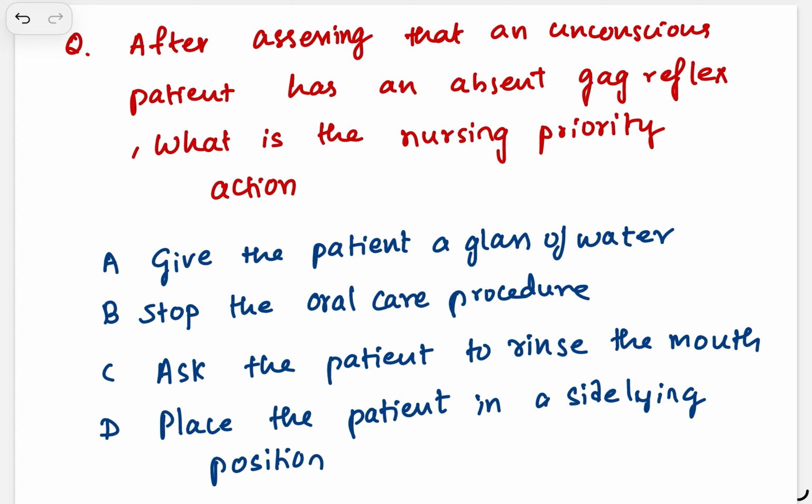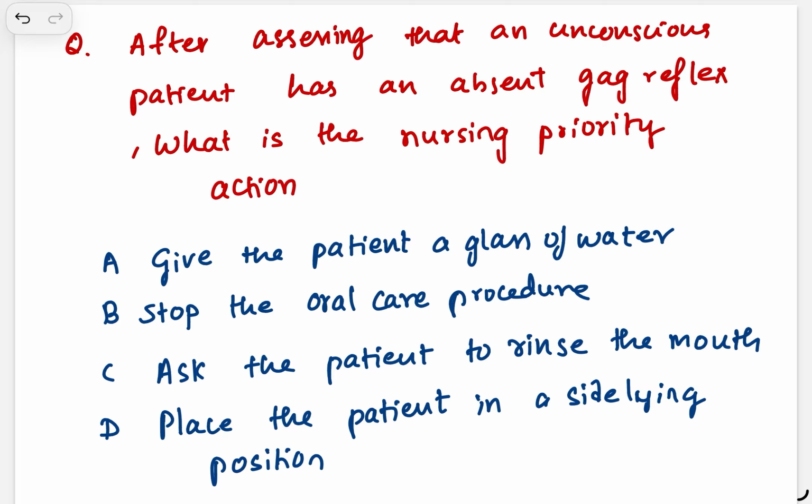Or if we place a tongue depressor, it should feel like vomiting. If it feels like vomiting, then it is the presence of a positive gag reflex. It will be present in the semi-conscious and conscious. In the unconscious, the gag reflex is completely absent.